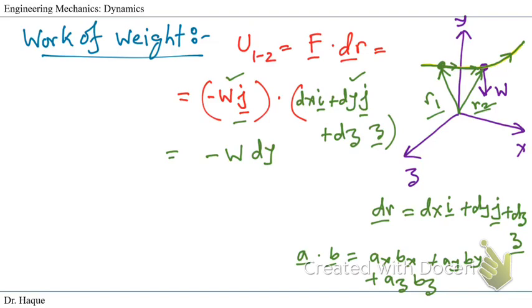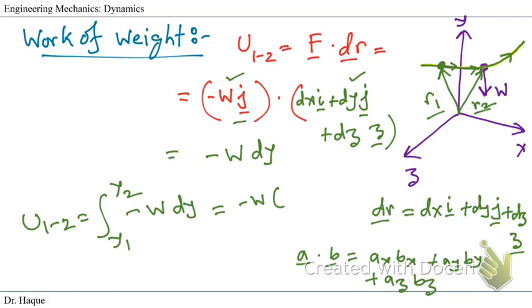So if we have variable force, then the work done will be the integration from y1 to y2 of W, their weight, and dy. If we take the integration of dy, we'll just be left with y2 minus y1.